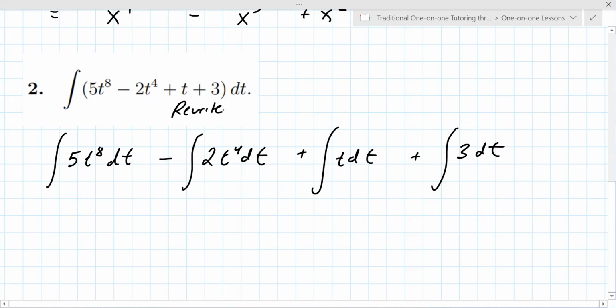Is that clear, like how I broke it up? Yes. Okay, now the only one that might be confusing is the one on the end here. Can you do the first 3 for me? And as a reminder, you can always bring that number out if you want. You don't have to, or you can do it as you go, but let me know.